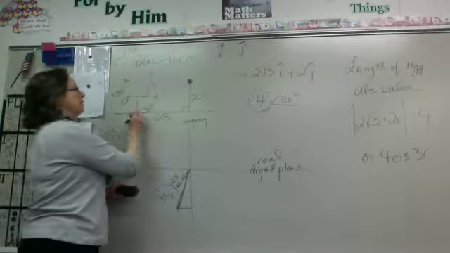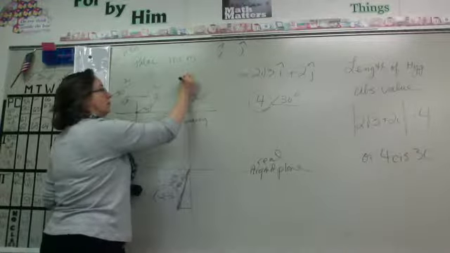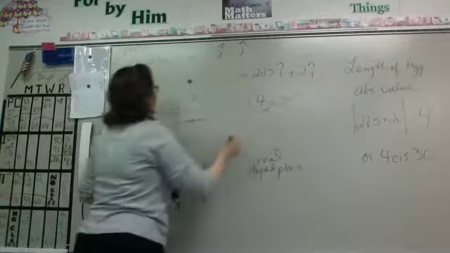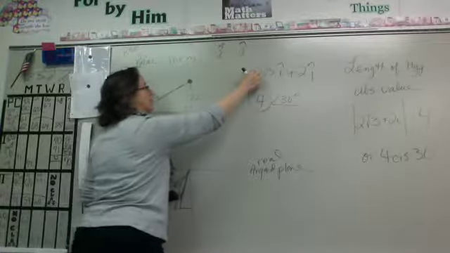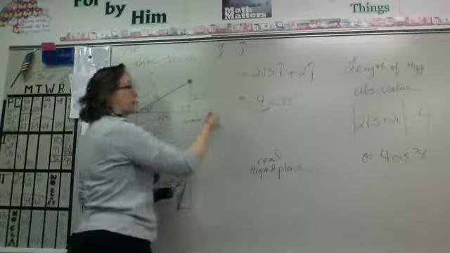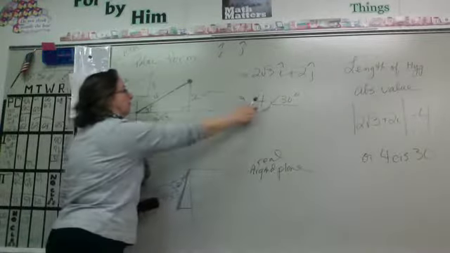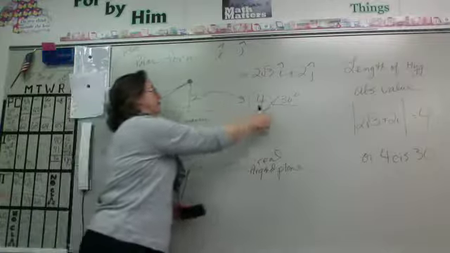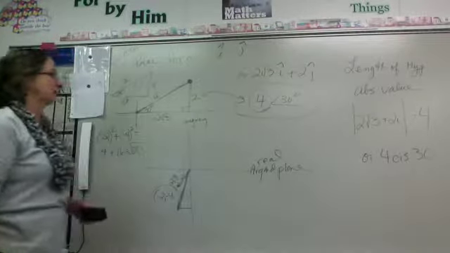It would be 2 square root of 3, and then it would be 2 up. This hypotenuse here would not be in this equation, but when I go to write it in the polar form, it's going to be the hypotenuse 4 times the angle 30. So they're just showing you in this section how those two are the same thing.